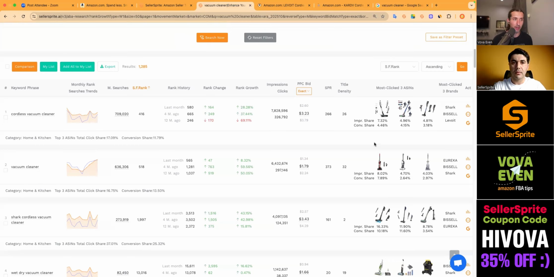But if I understand correctly, if conversion share is very low for the top three, that means it's just spread out, so using ads on this keyword might not be as good an idea. Again, it's hard to say if it's a good idea or not; you've got to test it, but that might mean our clicks on ads won't get conversions. Just some ideas.